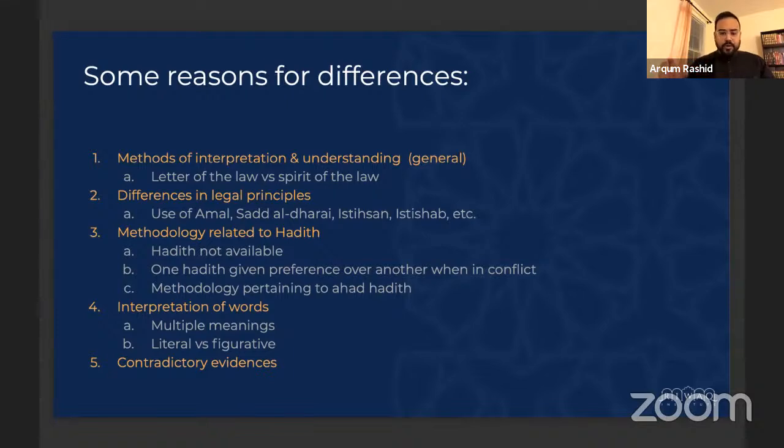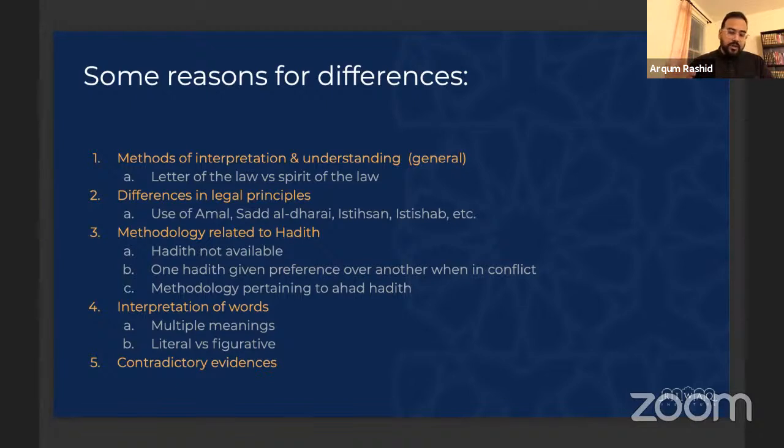Ahl Hadith are those that employ the letter of the law, or try to use hadith or give preference to that hadith over reasoning. Now, in a general sense, the methodology that relates to hadith, especially relating to khabr ahad or ahad hadith, makes a very big difference in terms of how these schools will bring about an outcome, or how they will view an ayah, or how they will view a hadith.